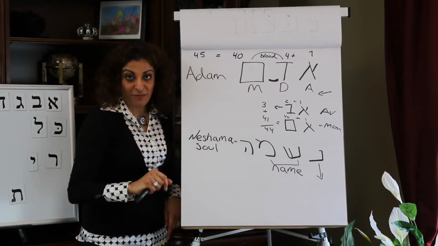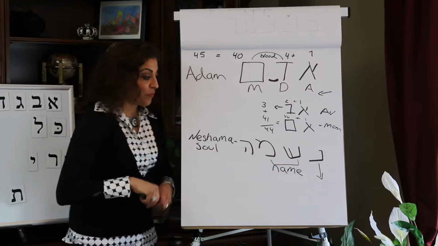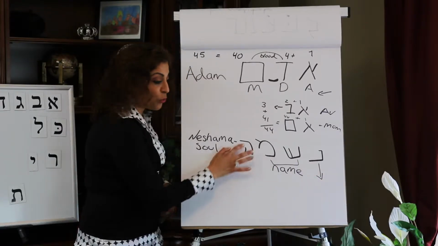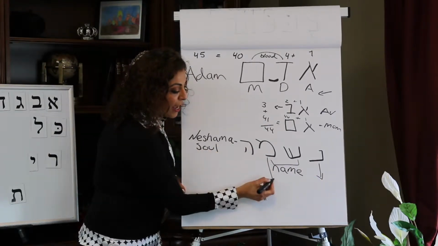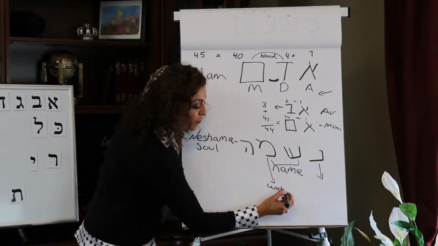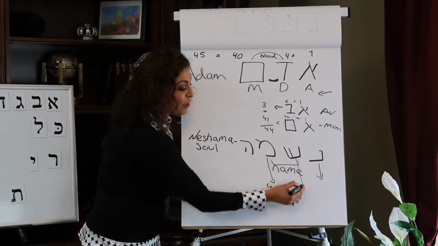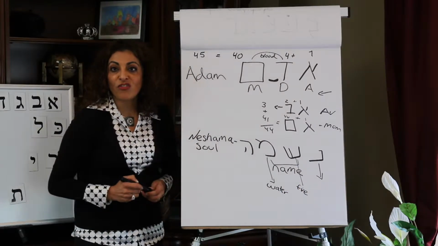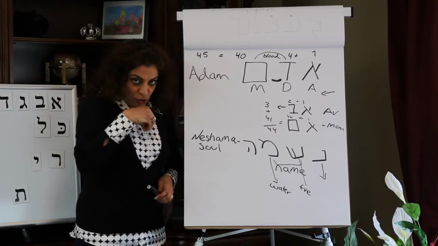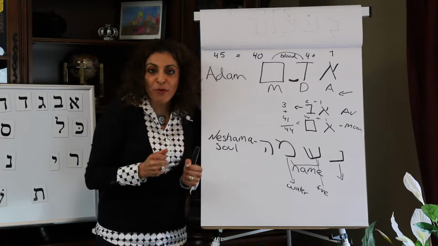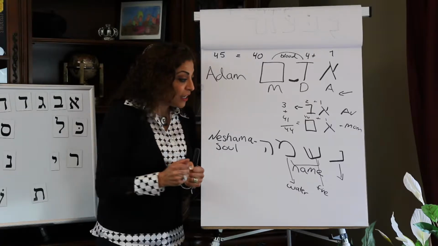On the other hand, if we look at the Shem, inside with the wisdom and in this world, we can either have the Mem, which stands for water, or we can have the Shin, which stands for fire. Inside of our soul, we have the duality. And every person has that duality.